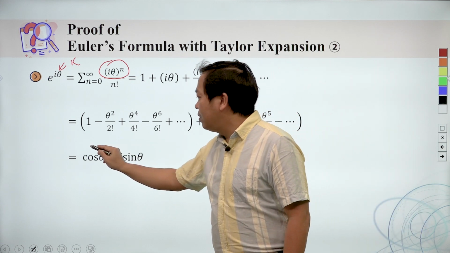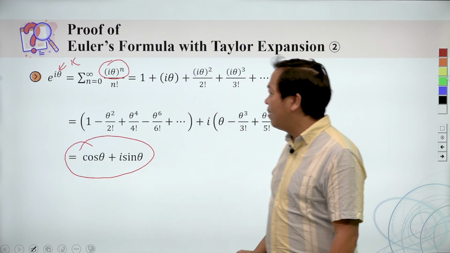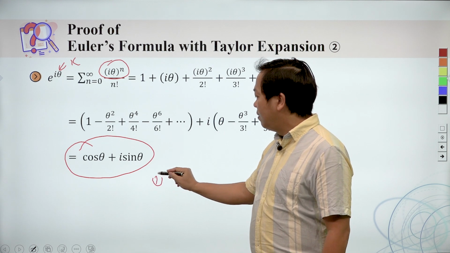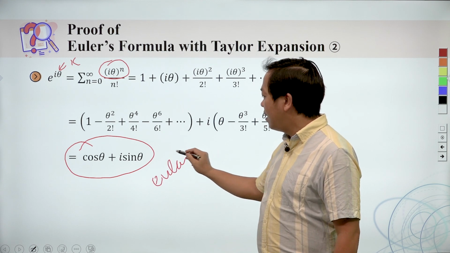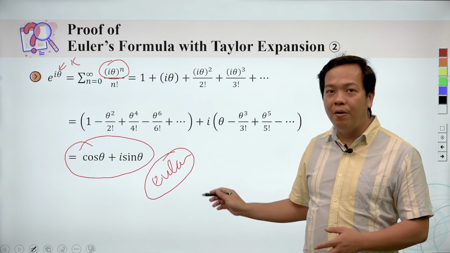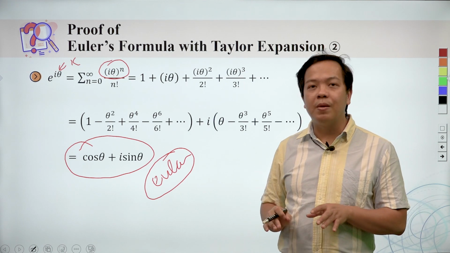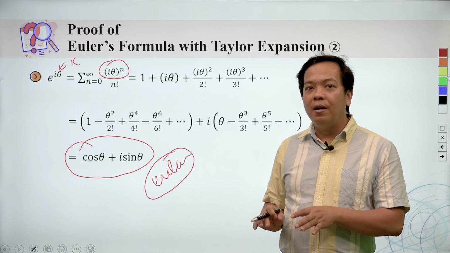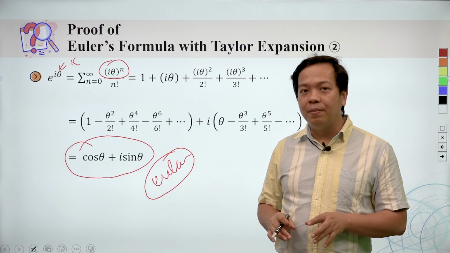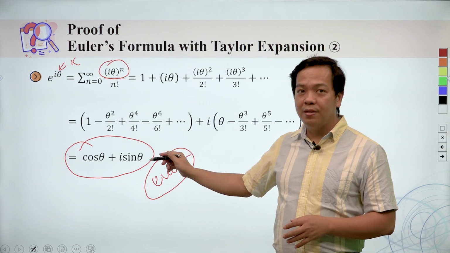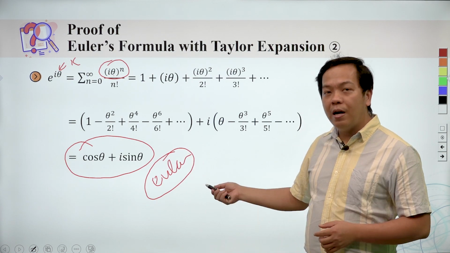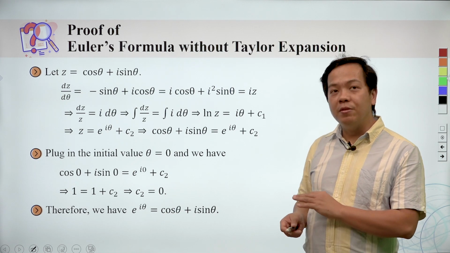The value is equal to this one. So this is equal to the Euler formula. Euler is the name of the scientist, one of the very famous scientists who invented this formula. So I hope you remember this name.